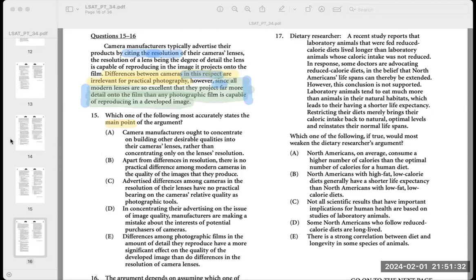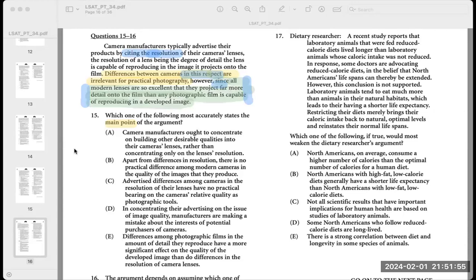Yeah, looking at my answer choices, A: camera manufacturers ought to concentrate on building other desirable qualities into their camera lenses rather than concentrating only on lens resolution. They don't really go so far as to say what the camera manufacturers should do in terms of building.